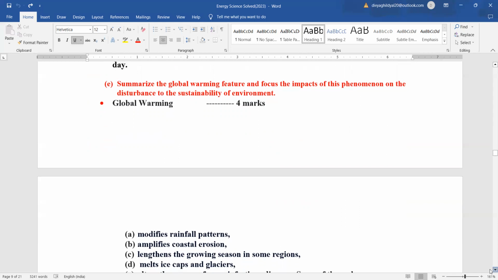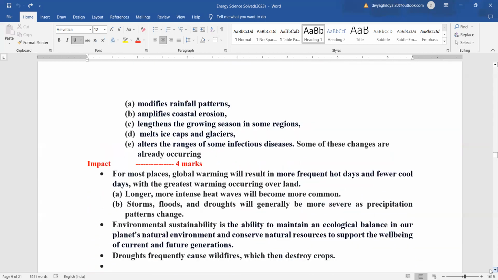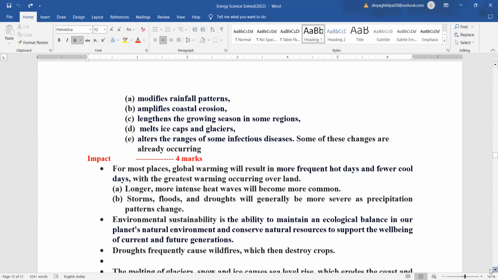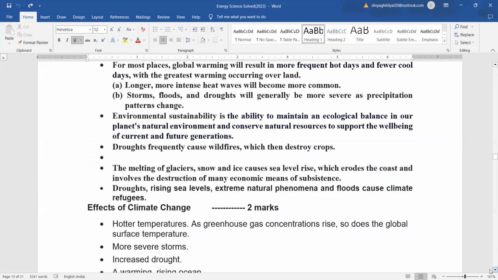Global warming. A very big impact of global warming is that it is modifying the rainfall pattern. It is lengthening the growing seasons in some regions. It is melting all our ice caps and glaciers. It is resulting in many different types of diseases. So the impact of global warming is more intense heat waves or fluctuations in temperature.